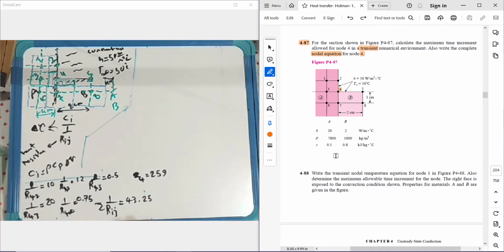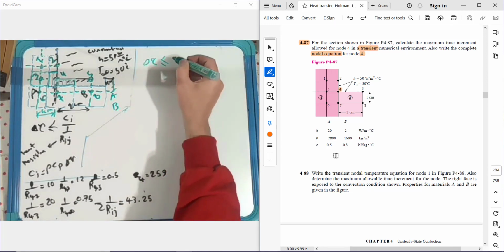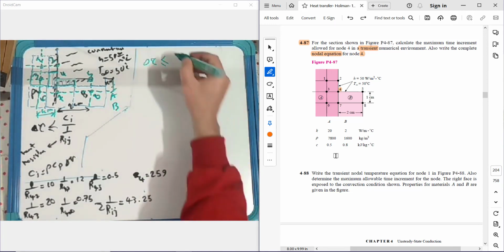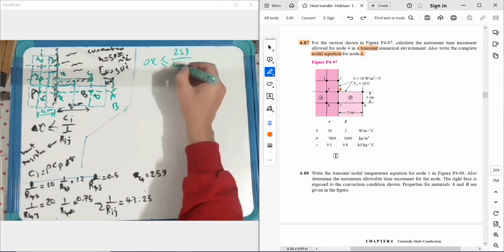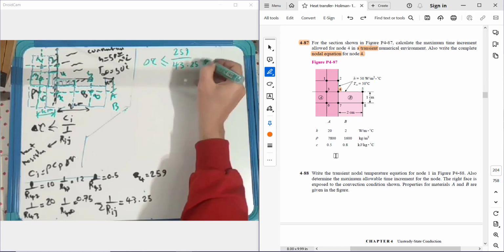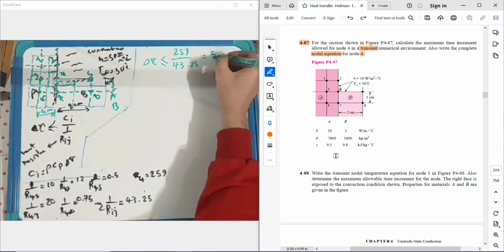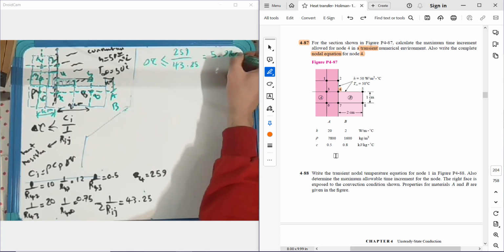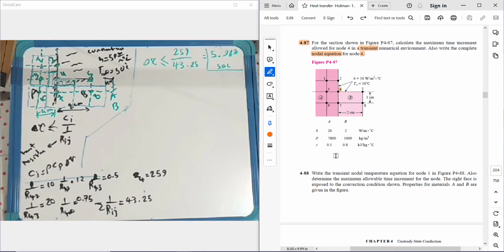I should write the formula, delta t smaller than 259 over 43.25. It is 5.988 seconds. Okay, this is okay.